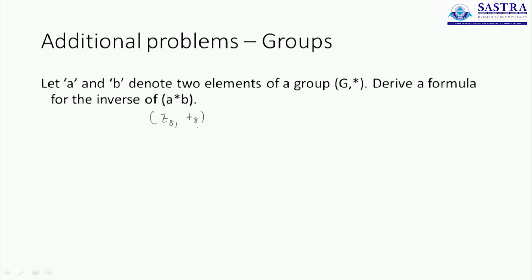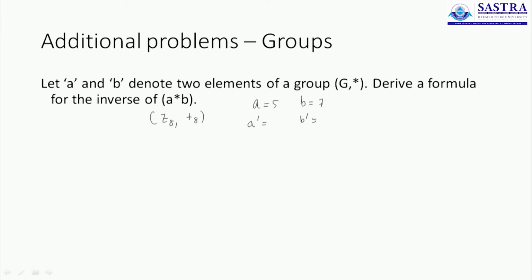Let's pick two random numbers. Let A denote 5 and B denote 7. 5 and 7 are definitely part of the group because they can be remainders when some number is divided by 8. We also know what the inverses are.